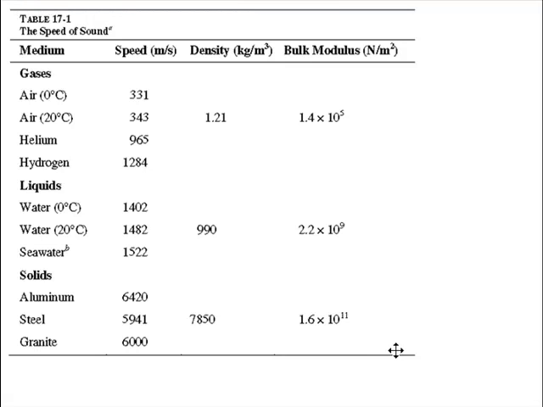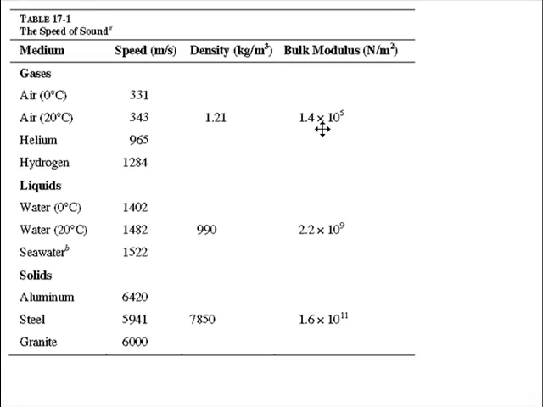So here we look at some densities and bulk moduluses for a variety of materials. So for example, for air at 20 degrees Celsius, the density is about 1.21 kilograms per meter cubed. The bulk modulus is 1.4 times 10 to the fifth newtons per meter squared.